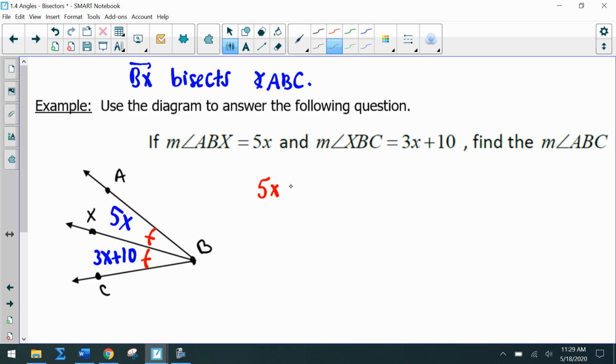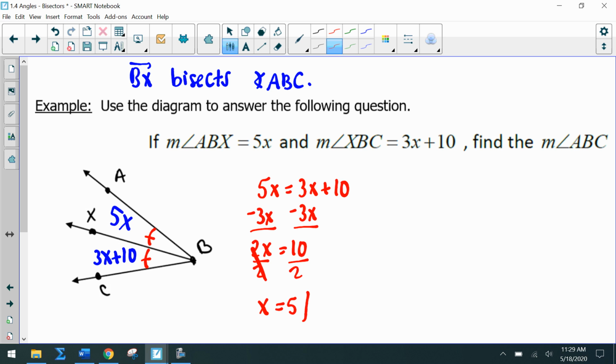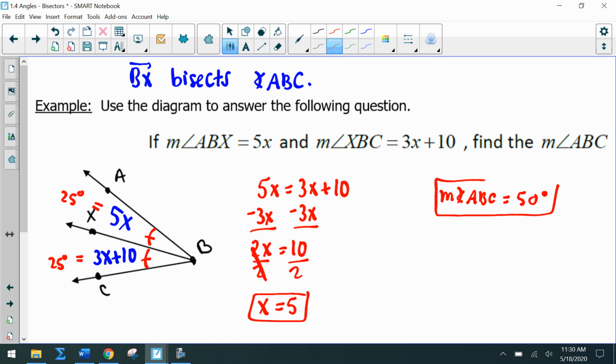So we know that 5x equals 3x plus 10, and we solve for x. I have x equals 5. To find the measure of ABC, I know that this angle up here is 25 degrees, and this angle has to also be 25 if it's bisected. So the measure of angle ABC is 50 degrees, an acute angle.